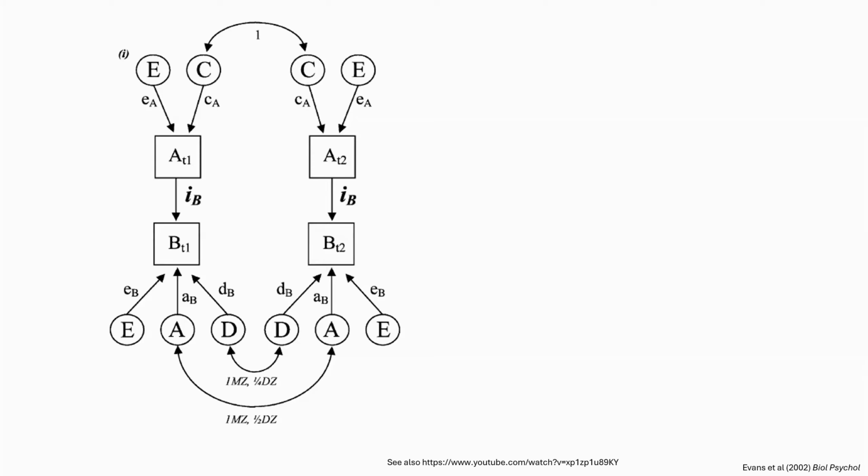The information to distinguish the different directions of causation in this model comes from the cross-twin, cross-trait covariances. What do I mean by cross-twin, cross-trait covariance?